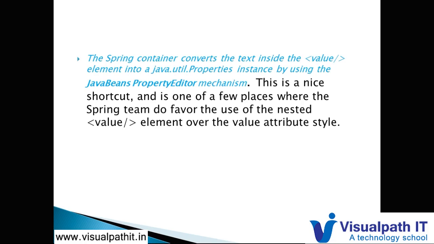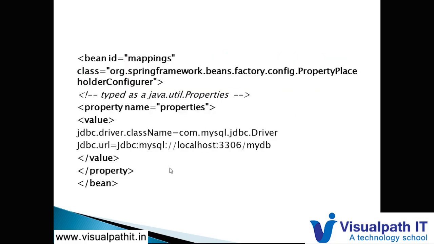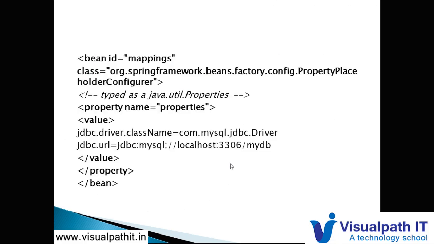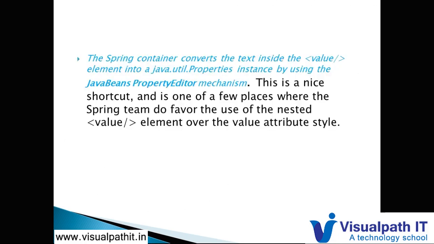It converts the text inside this particular value into the properties instance by using the JavaBeans PropertyEditor mechanism. So it's a nice shortcut, and it also helps us in clear usage, and the Spring team helps with this with the use of the nested value element over the value attribute type.